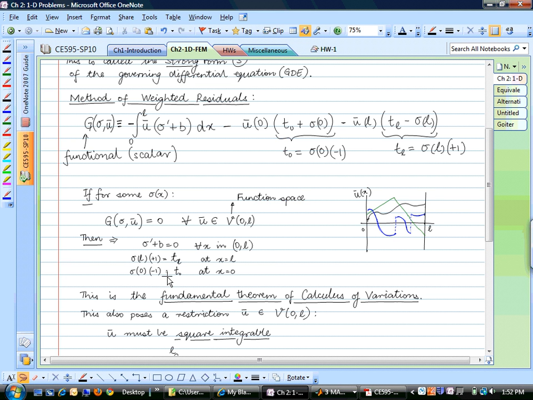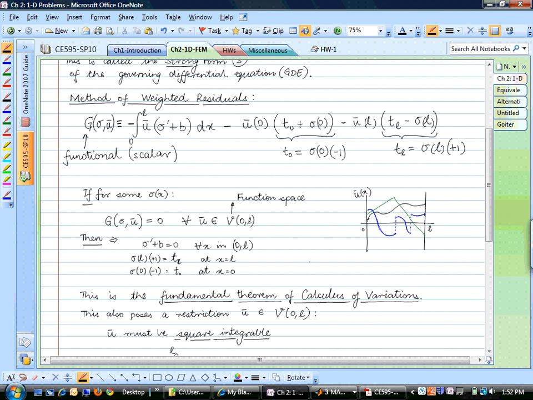If it is true for all u bar, then I might be able to choose any u bar I want, right? If I choose a u bar which is actually equal to this quantity, then that becomes sigma. Let me write that out.